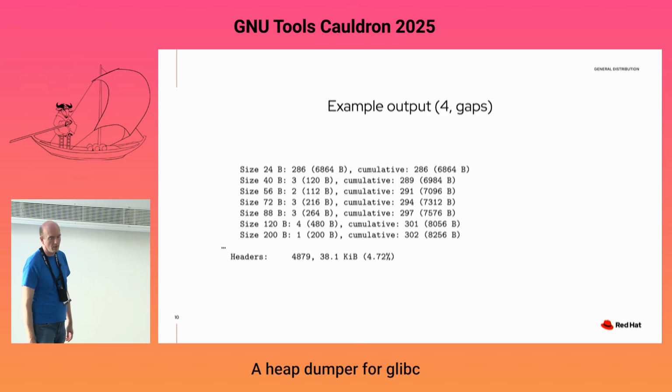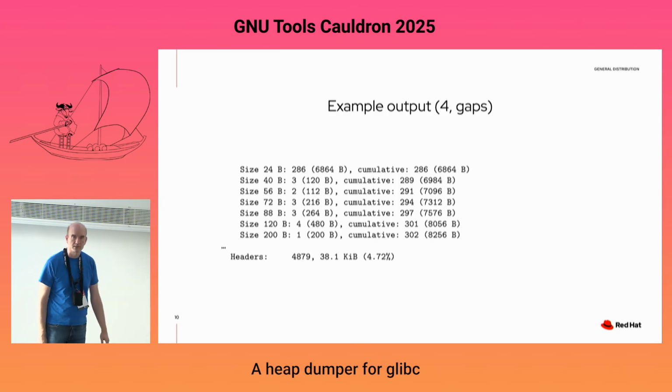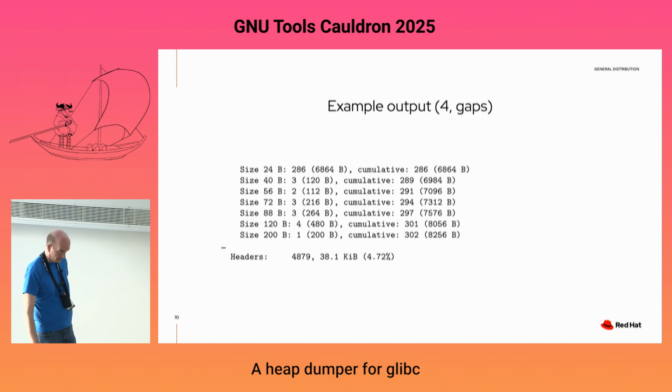We can also provide statistics for the gaps as they are encountered, and a summary statistic that shows that in this case it's a pretty good number: only less than 5% is wasted in object headers. That's because the allocations that the application made are fairly large.